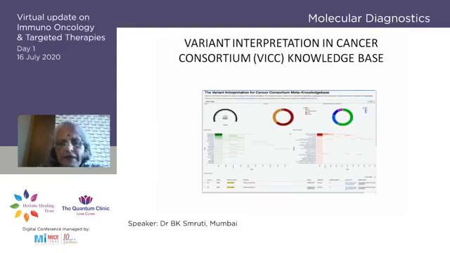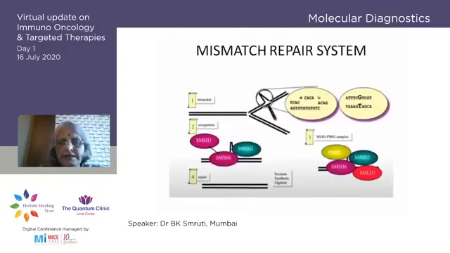Next slide. Now coming to the last part is the mismatch repair system. You are very much aware of that where there is damage to the sequence of nucleotides, then the DNA is recognized by the mismatch repair system genes like the MSH3, MSH6 and MSH2.